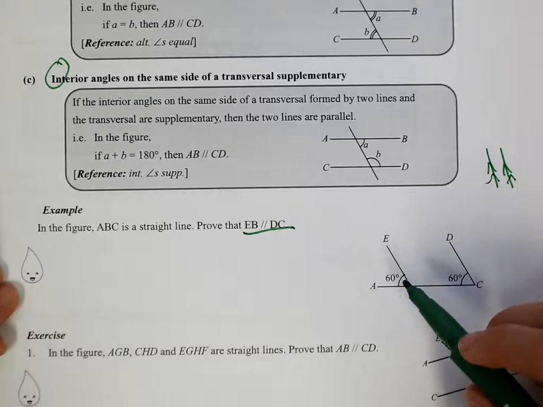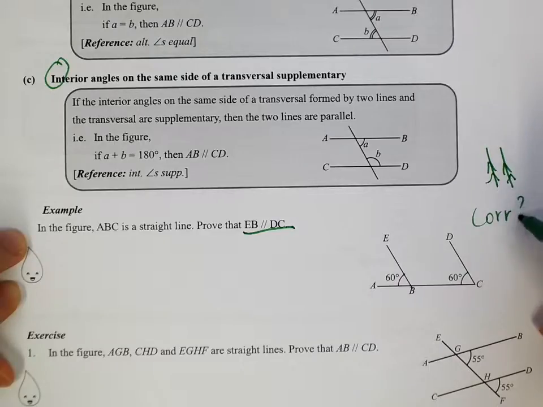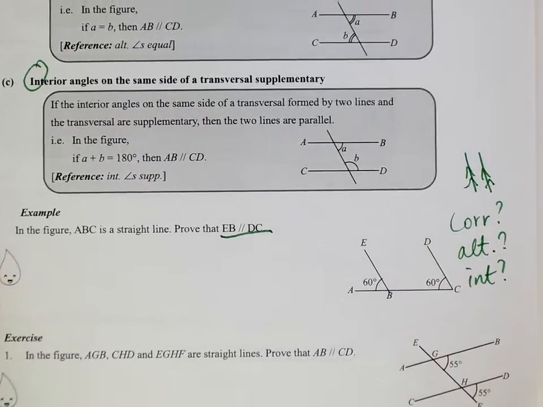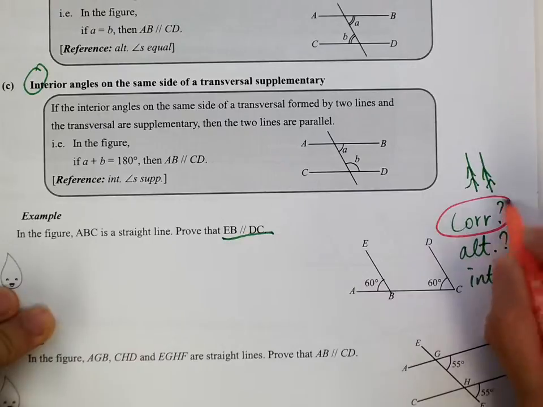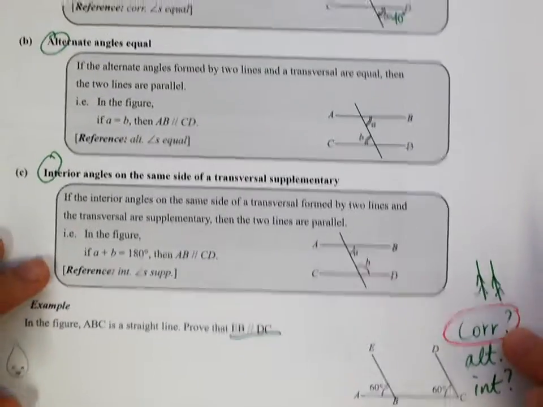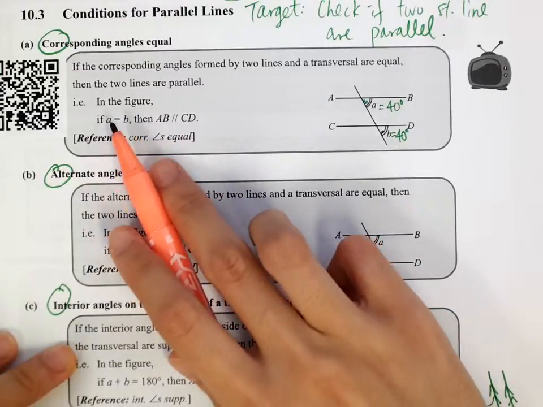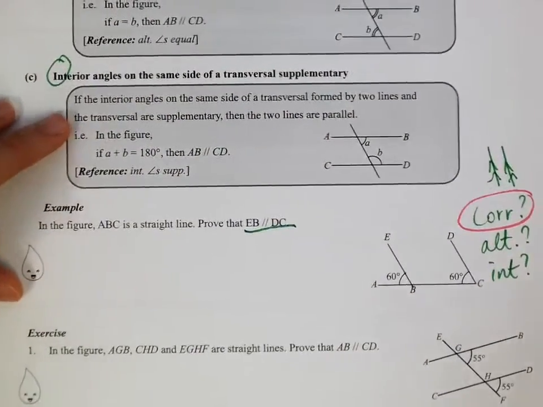Check these two angles: are they corresponding angles, alternate angles, or interior angles? These two angles are corresponding angles. Therefore, we can use method 1. When the two angles are equal, then the two lines are parallel.